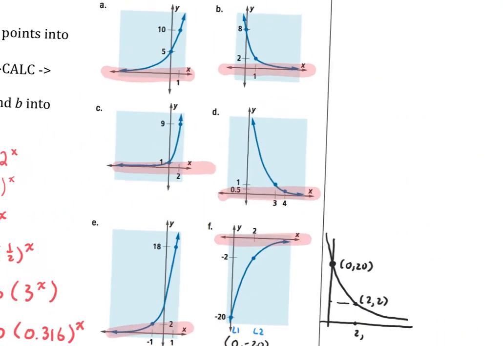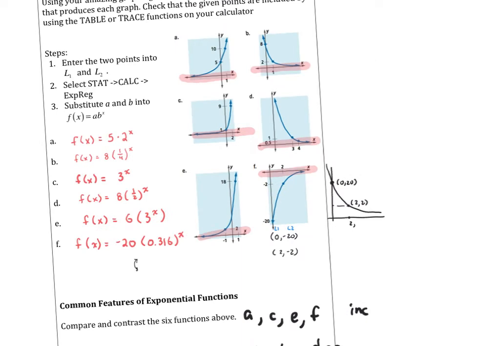Something else that's common, and it's hard to see without looking at these, but notice this 5 and then that 5 there. This has an 8 and that has an 8 here. This has a 1 that's hidden, and this one has a 1 right there on the y. This one has an 8 also, and D, we don't see that 8, so it probably is there. 6, and then this one is probably a 6 right here, and then negative 20, we do see that.